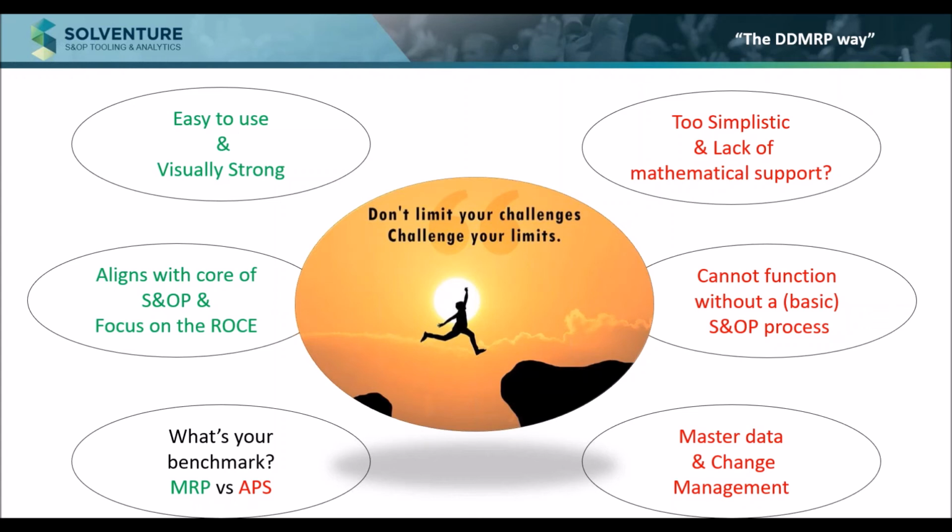At the same time, we need to realize it is important to align with SNOP. And from our research and also what we see at Solventure, the concept of DDMRP can perfectly fit within the scope of SNOP. I would even go beyond that and say that most likely DDMRP will not function very well if you do not have a full SNOP process.